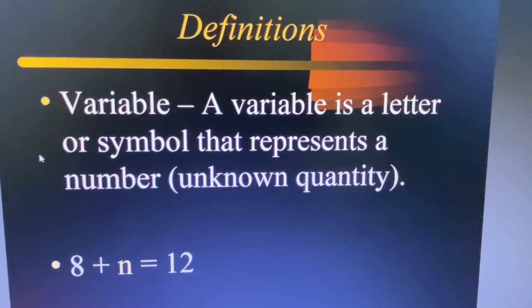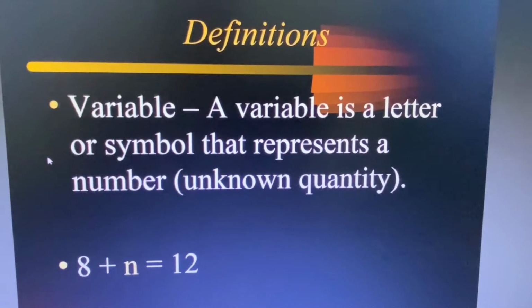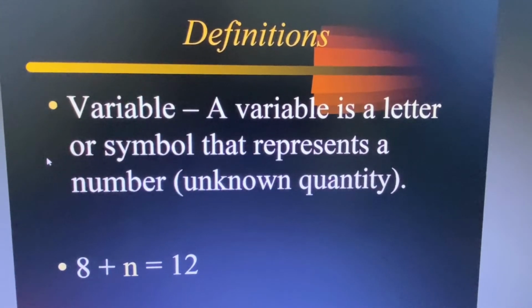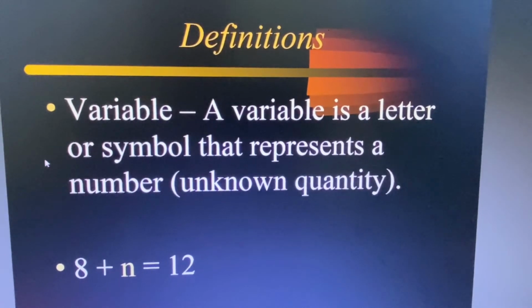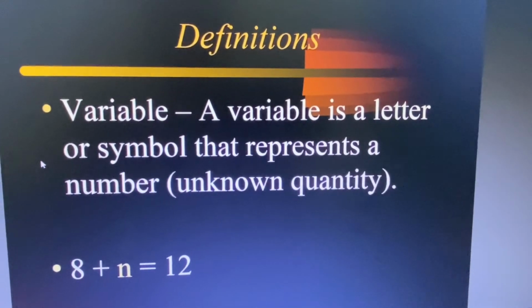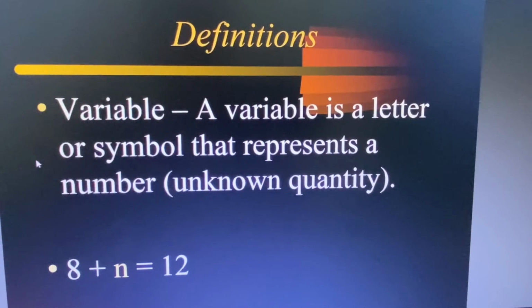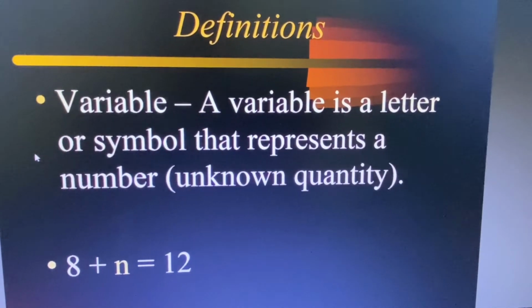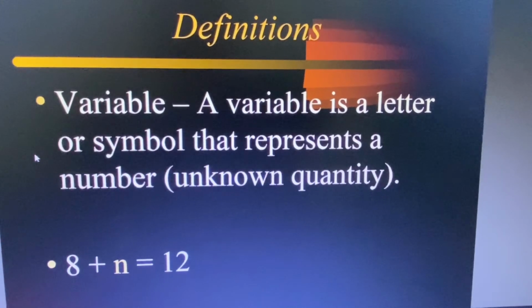Let us start with the definitions of the different terminologies used here in algebraic expressions. Number 1, we have the variable. The variable is a letter or a symbol that represents a number, known as an unknown quantity.